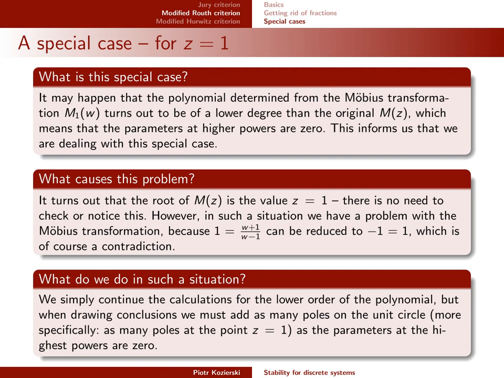If this happens, then each degree too little means one pole at point 1, that is, on the unit circle. If something like this happens, you should normally perform the calculations for the reduced degree polynomial and add these poles on the unit circle in your conclusions.